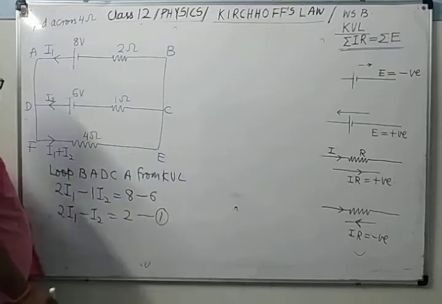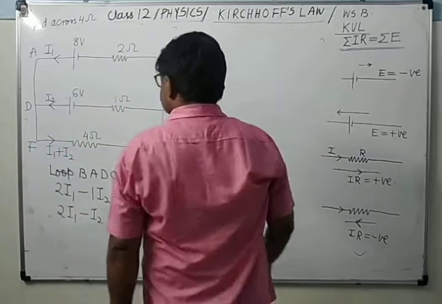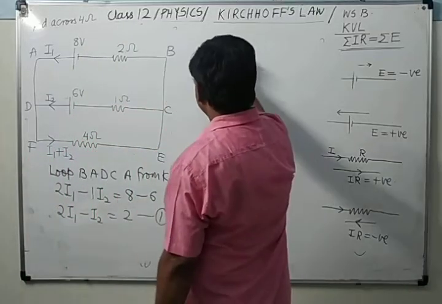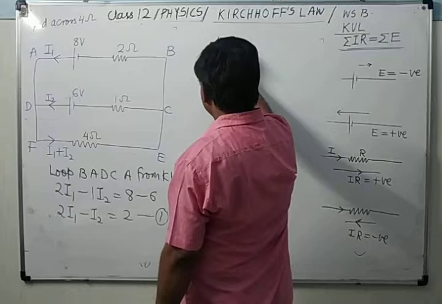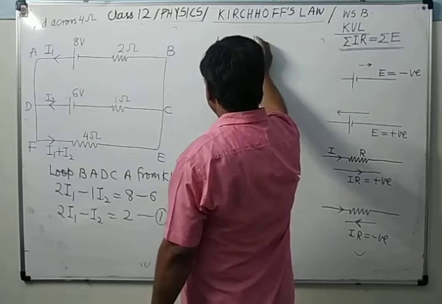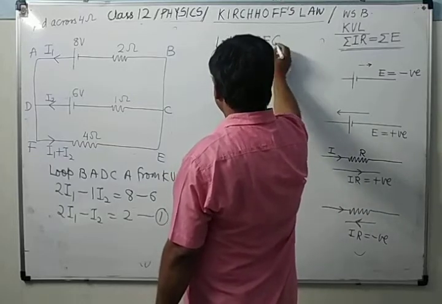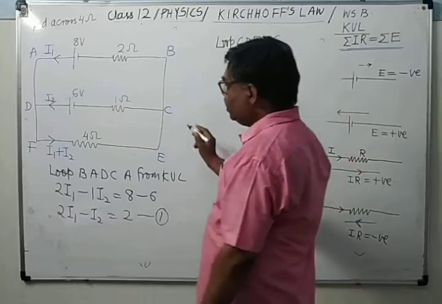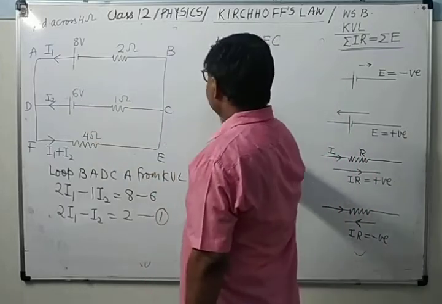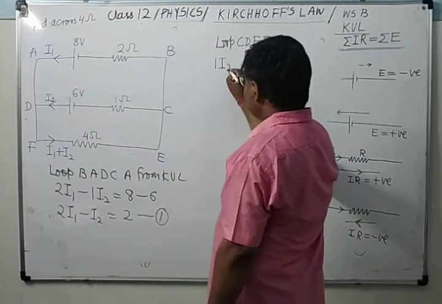It's clear. Then you take loop CDFEC. If you see here in the direction of current, IR will be positive, 1 into I2.